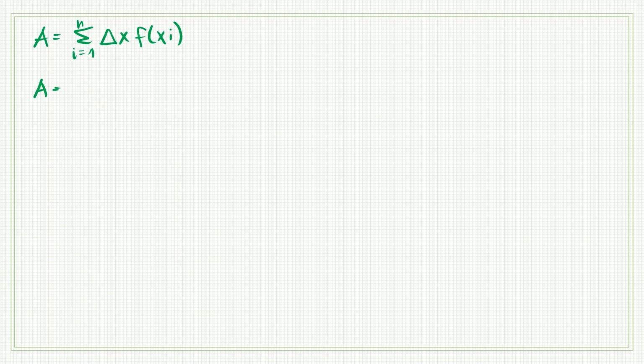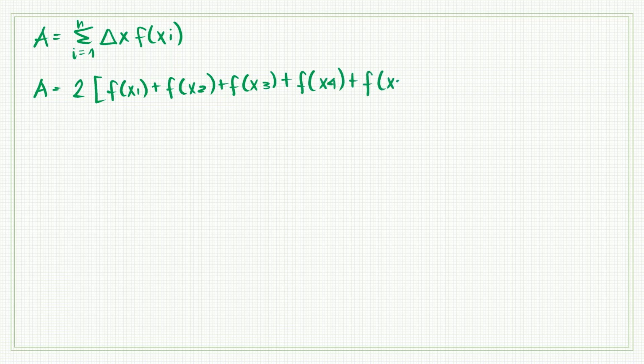So area is equal to delta x, which is 2, times f of x sub 1 plus f of x sub 2 plus f of x sub 3 plus f of x sub 4 plus f of x sub 5. So we are going to substitute each f of x with the value on the midpoint, which is the 1, 3, 5, 7, and 9.